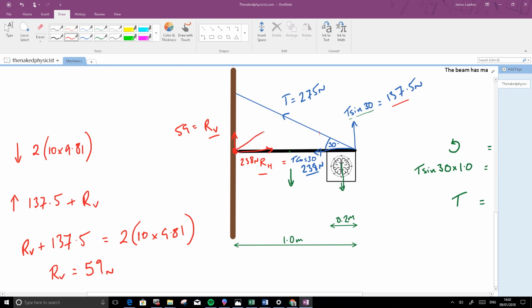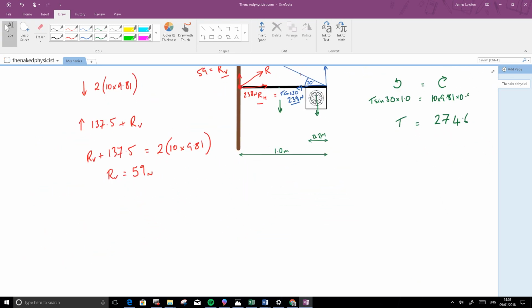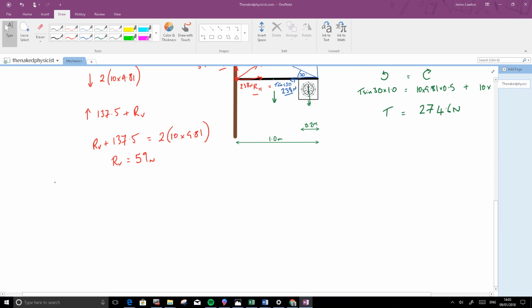We can therefore apply basic Pythagorean theorem to calculate the actual value of R. So if we take this down to here now, of course R is going to be equal to the square root of, you know, Pythagoras, a squared plus b squared and all that.